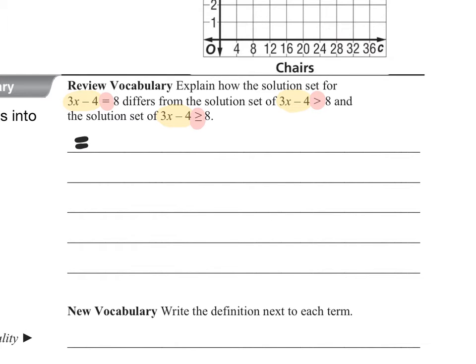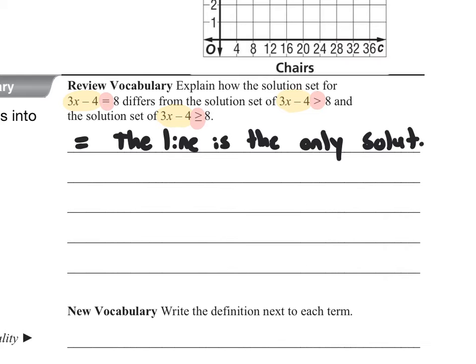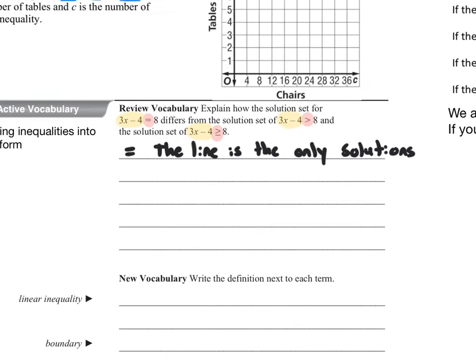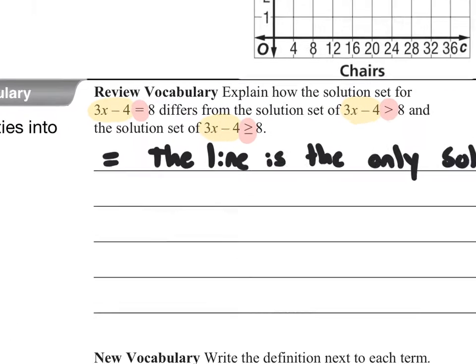An equals means the line itself is the only solutions. So if you're looking at an equation that we would have graphed, for y equals mx plus b, the points on the line are the solutions.